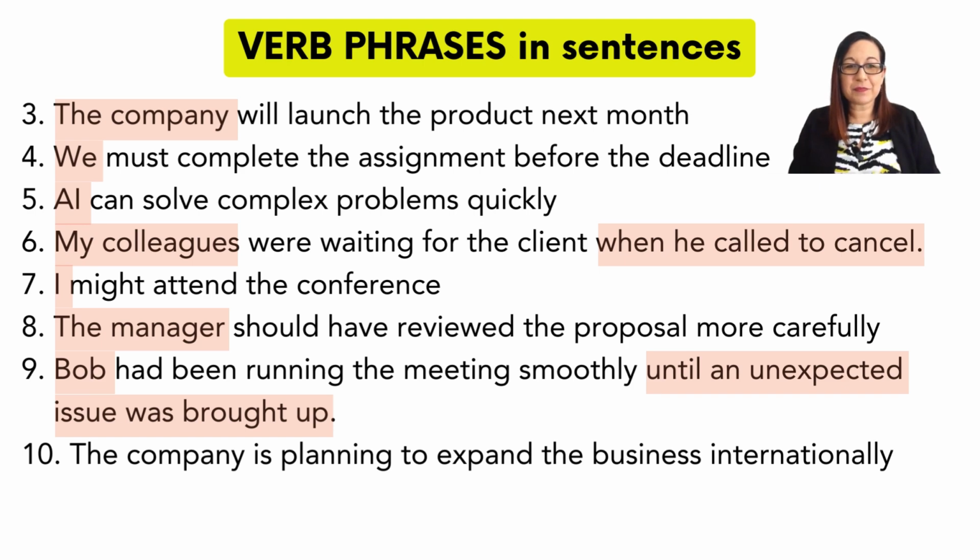And the last one, the company is planning to expand the business internationally. So you could have made those very difficult. You could have made them nice and easy. The point is that we just needed to have a subject, that verb phrase, and some type of complement or object at the end of it.